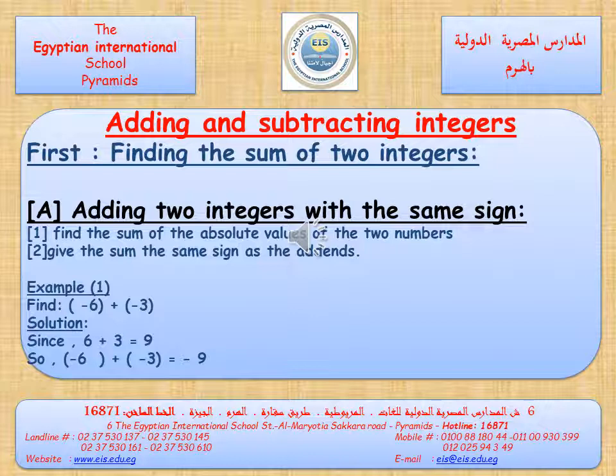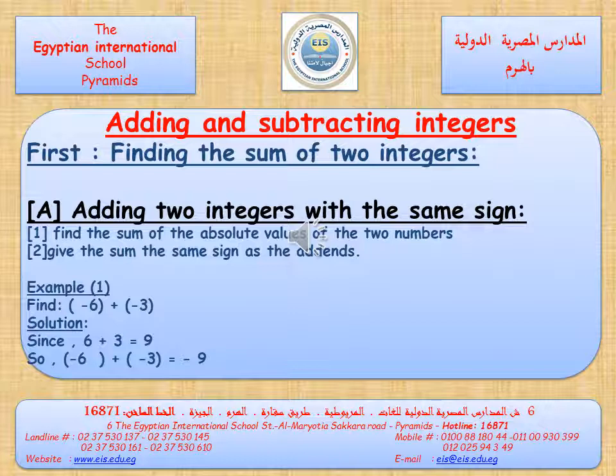When we add two integers, we should know the sign of these two integers. Let's take an example where we have the same sign in the two integers, as -6 and -3. The sign of -6 is negative, and the sign of -3 is negative also.